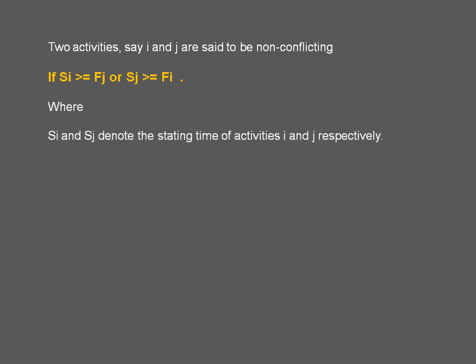Si and Sj denote the starting times of the activities I and J respectively. Fi and Fj refer to the finishing times of the activities I and J respectively.